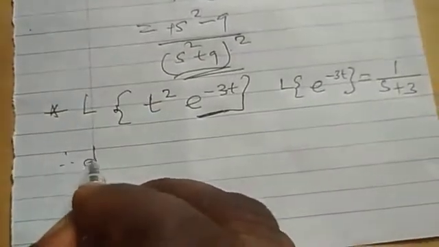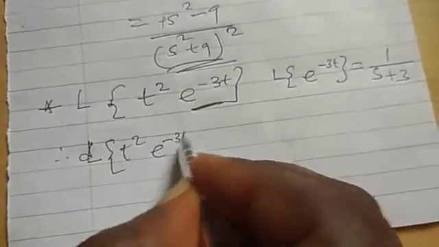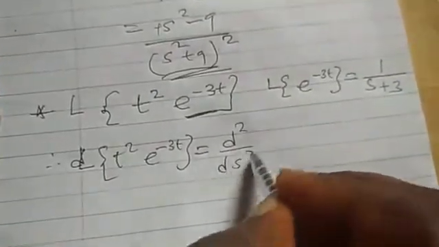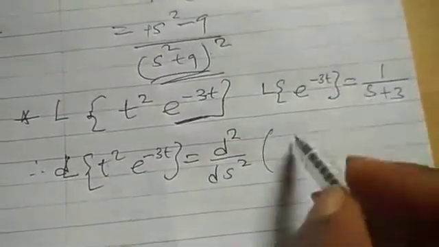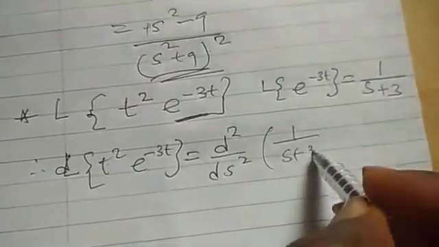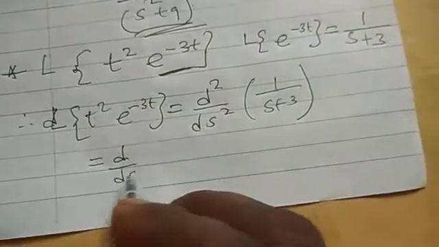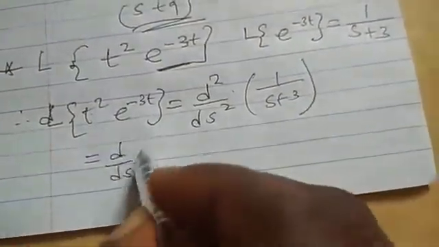Therefore, Laplace transform of t squared exponential minus 3t will now be the second derivative, d squared ds squared, since we have t squared there, into this. I'll first differentiate once.